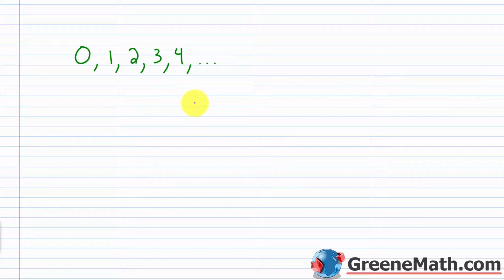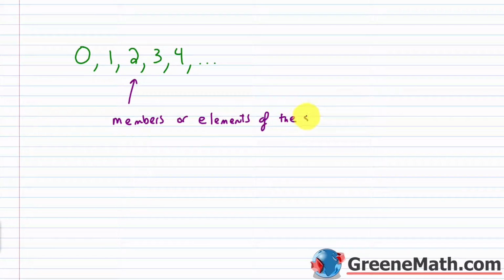Now, when we think about this in regards to being a set, we have some more definitions involved. So the numbers that are listed here are known as the members or elements of the set.